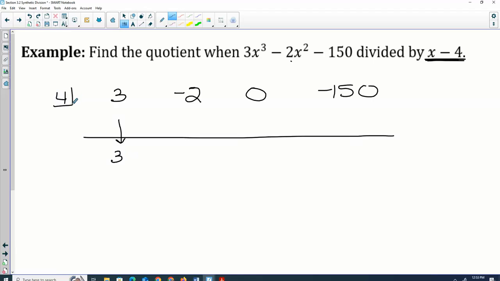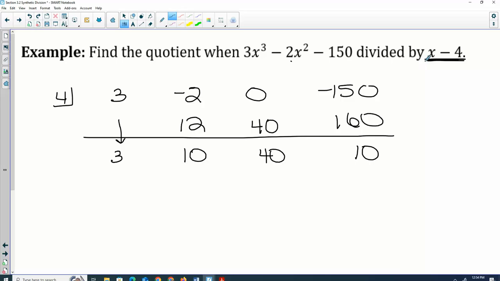So I do 3 times 4, 12, and then I add. Negative 2 plus 12 is 10. Multiply. 4 times 10, 40. Add 0 plus 40, 40. 4 times 40, 160. Negative 150 plus 160 is 10.